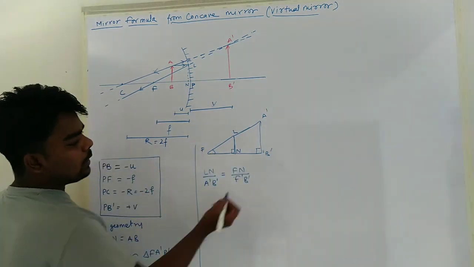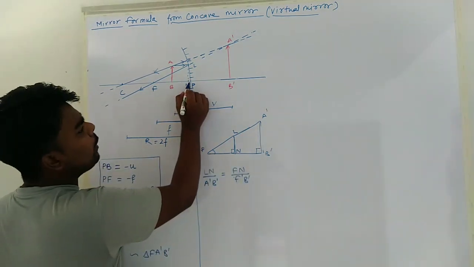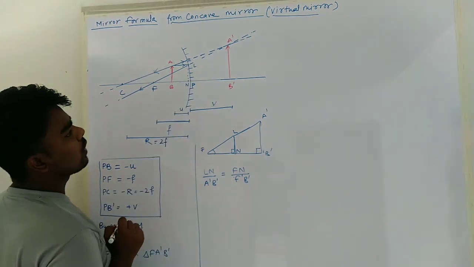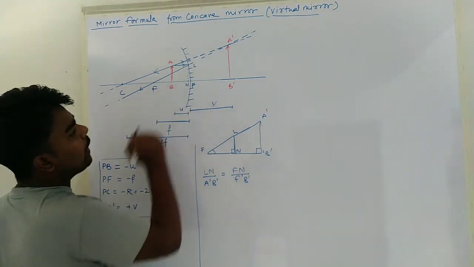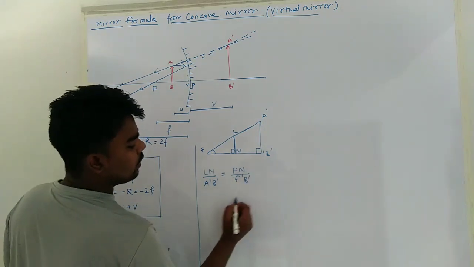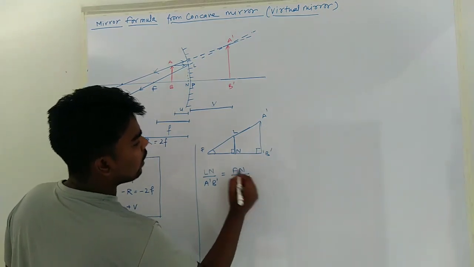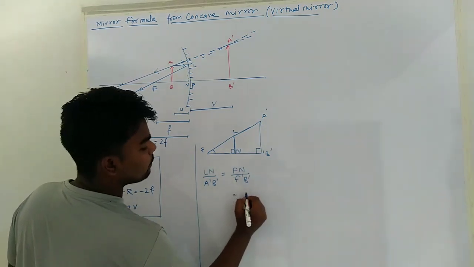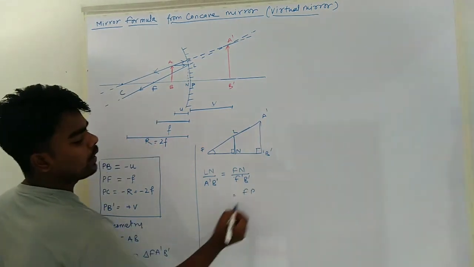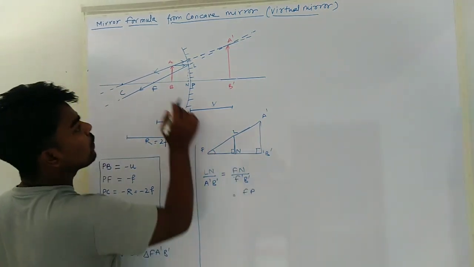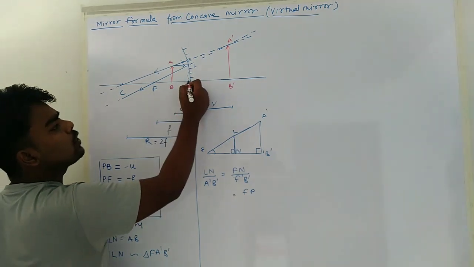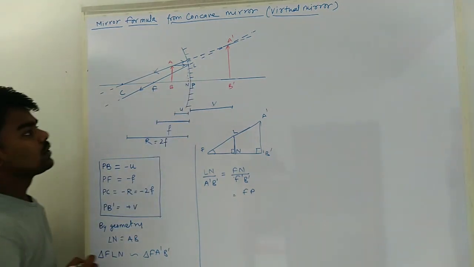Here if we see, points N and P are very close to each other. So instead of writing FN, I will write FP, because these two points are very close to each other.